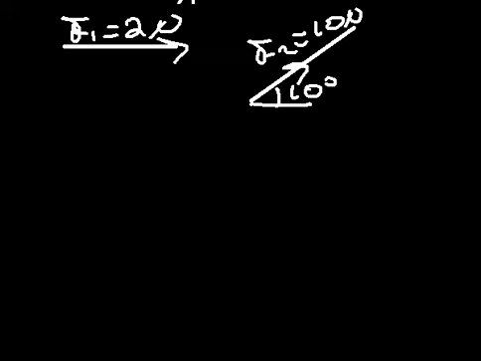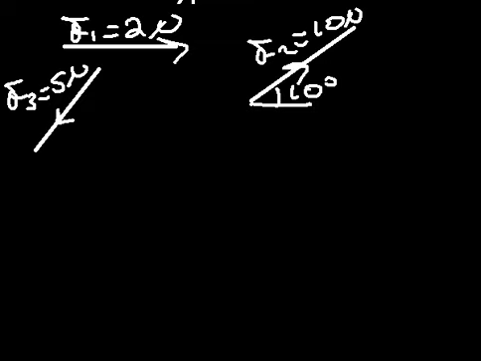And then we have another vector going over like this, f3, given as 5 newtons.